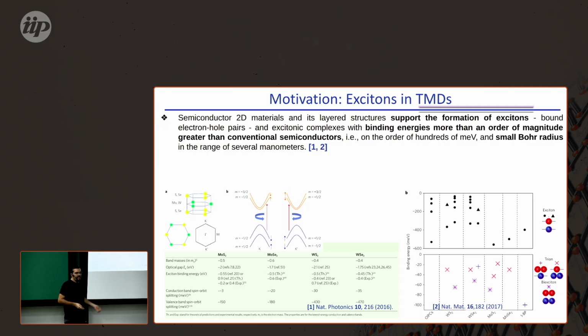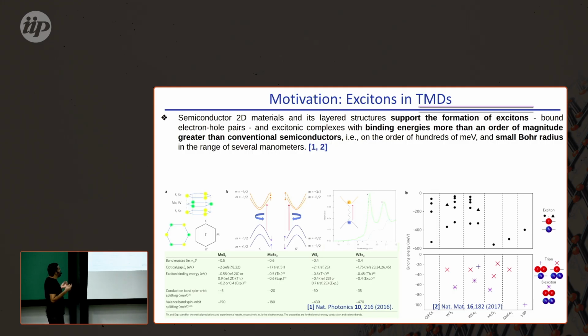For instance, in conventional semiconductors, it's kBT at about 27 millielectron volts. Here, it would be like 400, 500 millielectron volts. We are theoreticians, but it seems very easy to measure this in PL experiments.